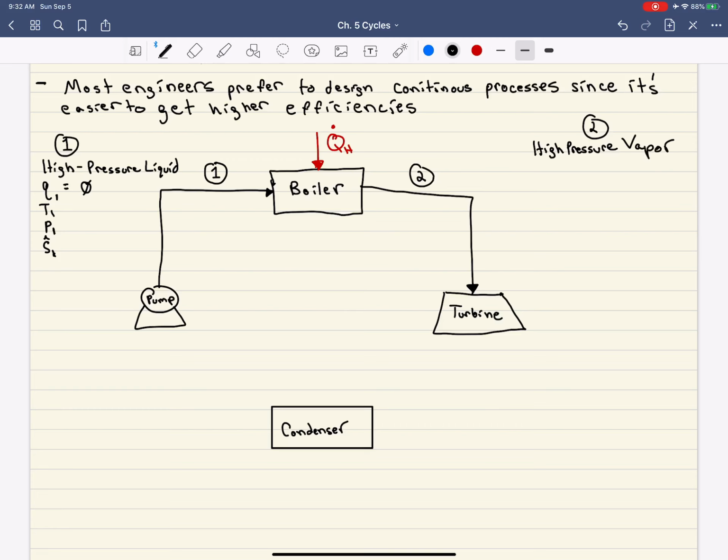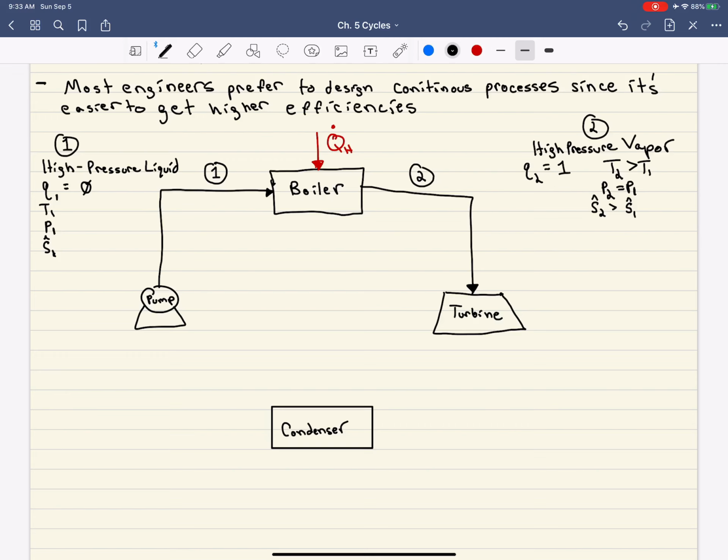It's completely a vapor, so its quality is 1. The temperature of stream 2 is greater than the temperature of stream 1. The pressure is the same, since in the boiler the fluid isn't pressurized. But because it's now a vapor rather than a liquid, its specific entropy is greater than that of stream 1. So the boiler basically just boils the liquid to create a vapor.